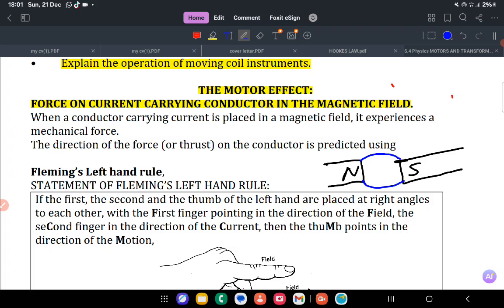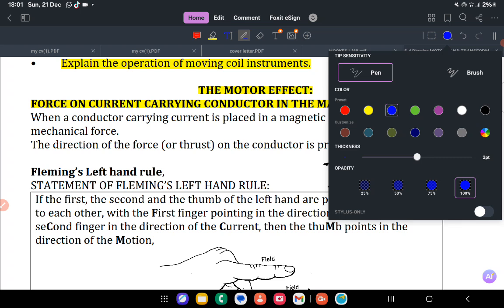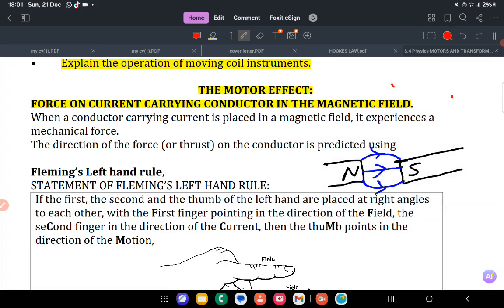So there's a field between these two poles of magnets. Remember that we use field lines to represent magnetic field.